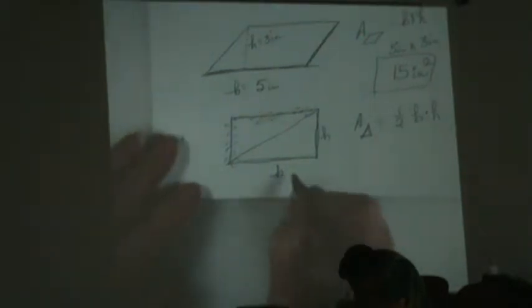The area of a triangle is 1/2 of the base times the height. Okay? So if your base was 4 centimeters and your height is 3 centimeters, your area is going to be 1/2 of 4 centimeters times 3 centimeters. 4 times 3 is 12. 1/2 of 12 is 6 what?